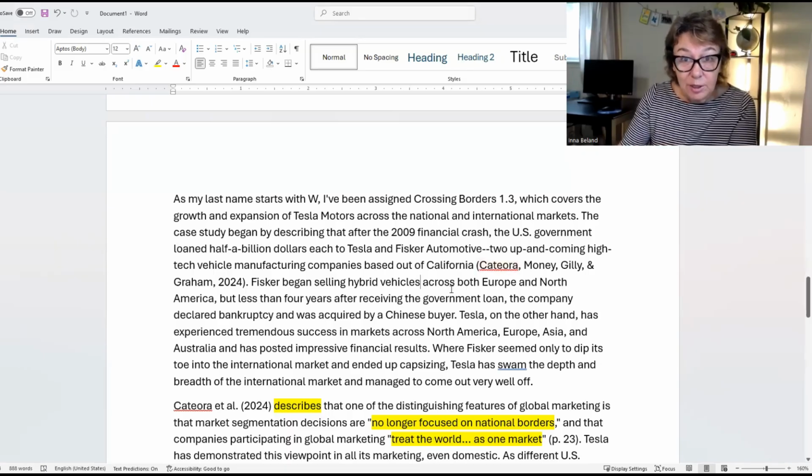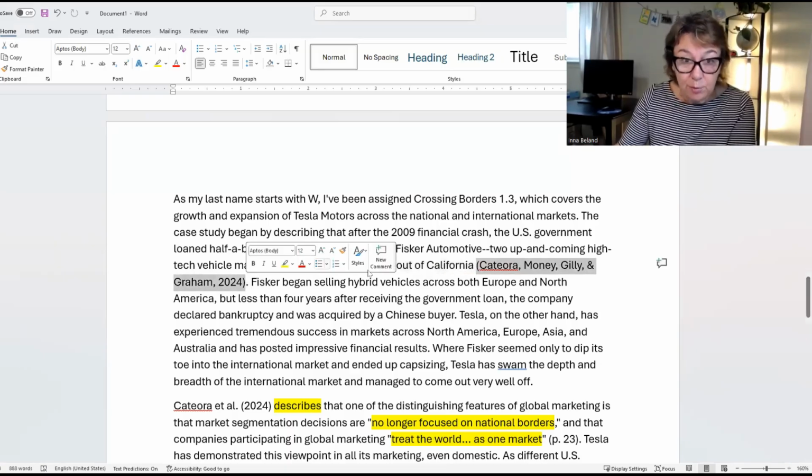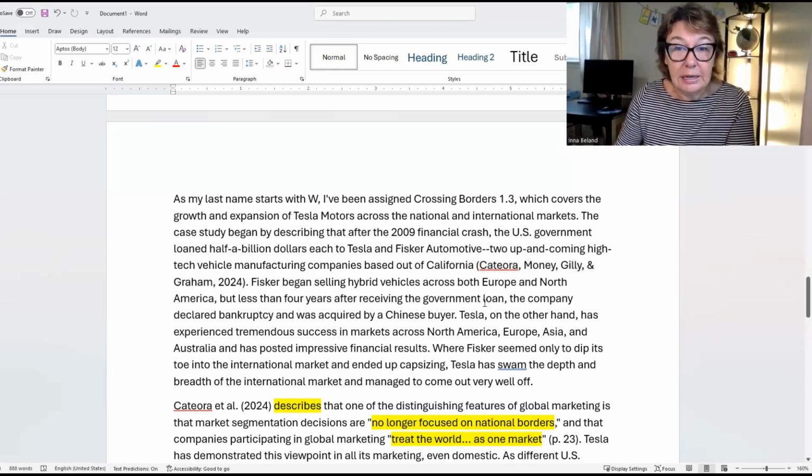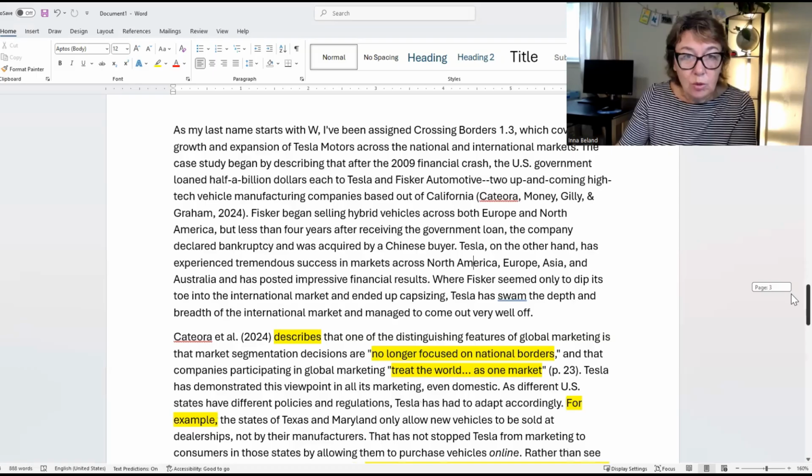So the author of this post did very well citing the textbook. The author also did very well citing the correct way, because when we cite the first time, we list all the names of the authors of the source that we are using. I'm not going to read everything. I will just highlight several things I would like you to pay attention to.